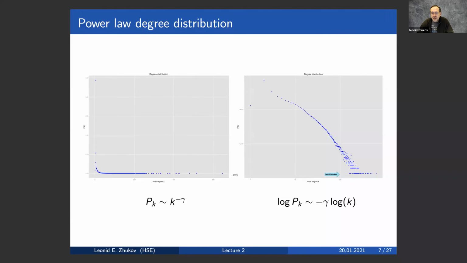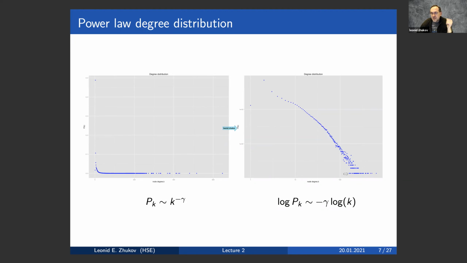Because on the y-axis, we're plotting the probability of a particular node degree. And since node degrees are integers, and this probability is really just the number of nodes of that degree divided by the total number of nodes, this is really normalized integers. If there is only one node with some degree, then there are 2 nodes with some other degree and 3 nodes of another degree, then you'll have here 1, 2, 3, etc., and then it is normalized to be a probability.